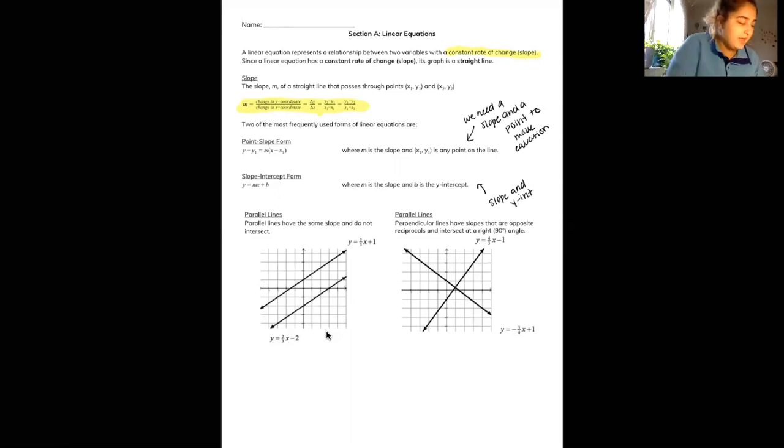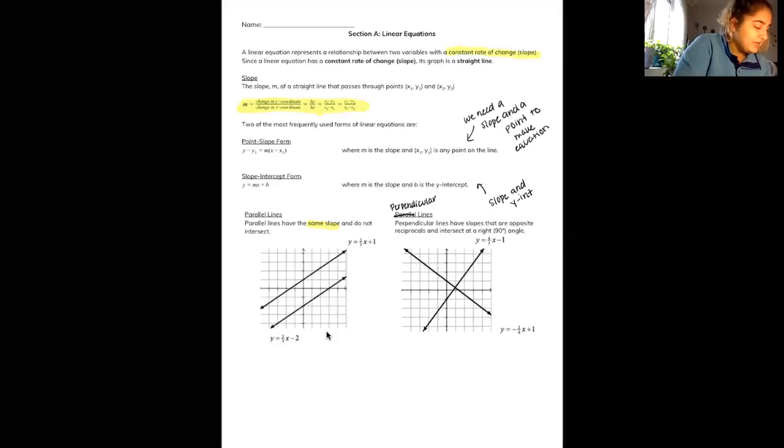So we have parallel lines. In this right here, I apologize for the typo. That should say perpendicular lines. And so parallel lines have the same slope, right? And do not intersect. So if two things are going at the same rate of change, then you know that they are never going to touch because one isn't going faster or slower than the other. They're going at the same rate, okay?